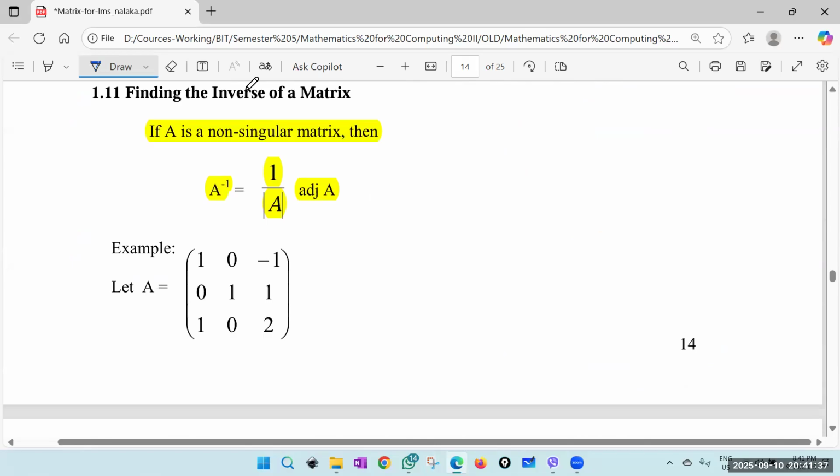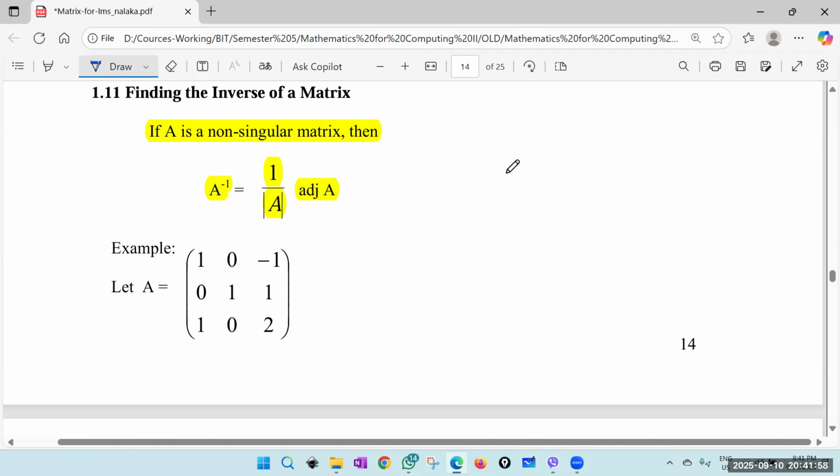Right? So the inverse of a matrix, if it is non-singular, is equal to 1 over the determinant of A, into the adjoint matrix of that matrix. You know how to calculate the determinant, right?